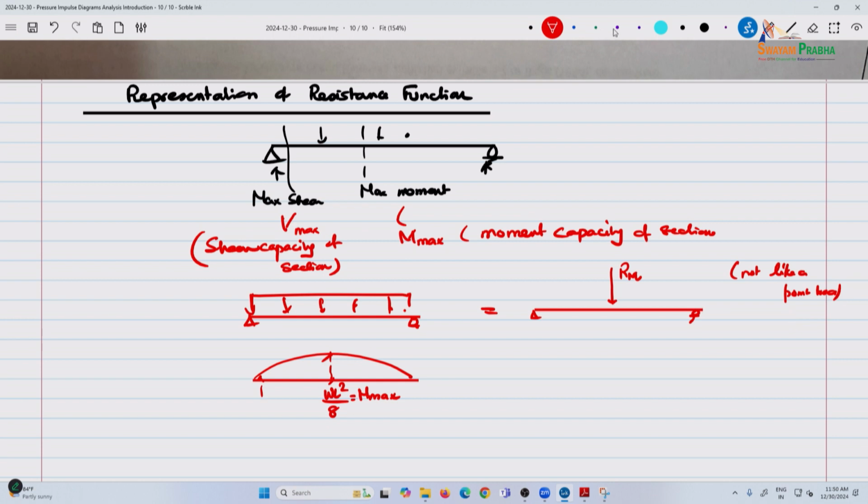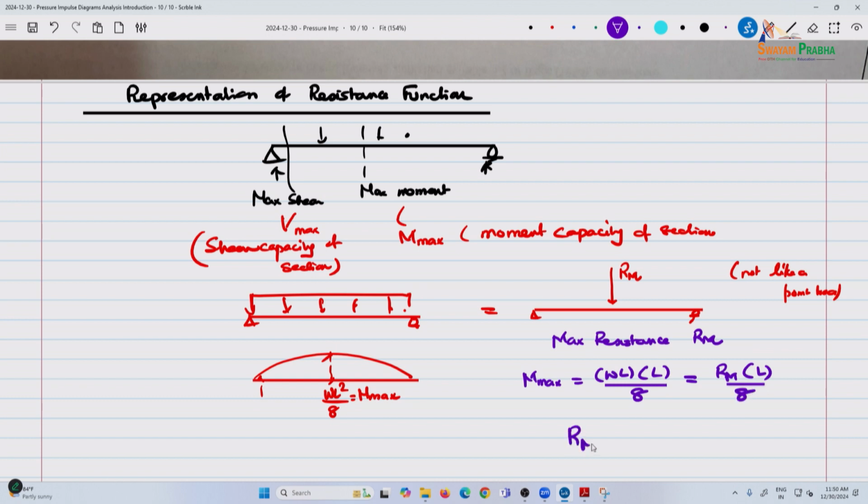The max resistance Rm, in this case, M max we say is WL times L over 8, and that WL is Rm.